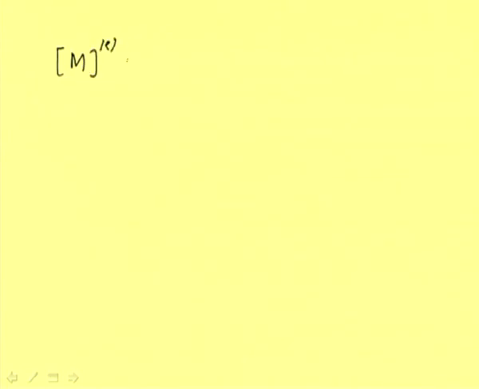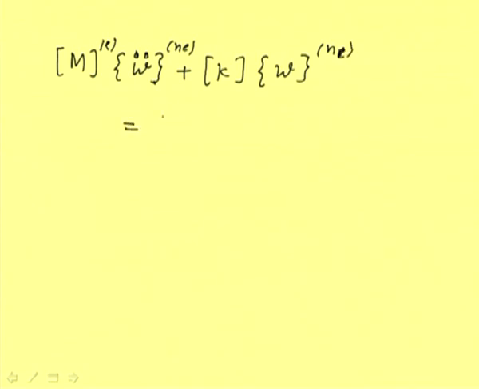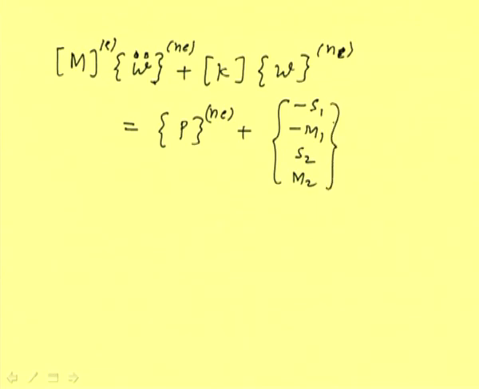This is the element matrix, this is the acceleration term, then the stiffness matrix, this is the displacement term at various nodes, is equal to the external force plus the internal forces and moments, because this is the elemental equation for element 1 having node 1 and 2. So these two nodes are appearing here.